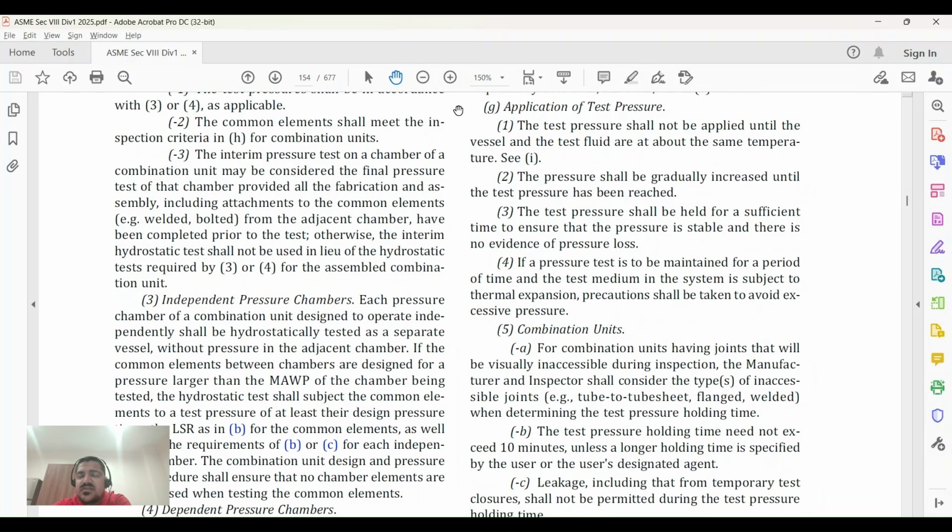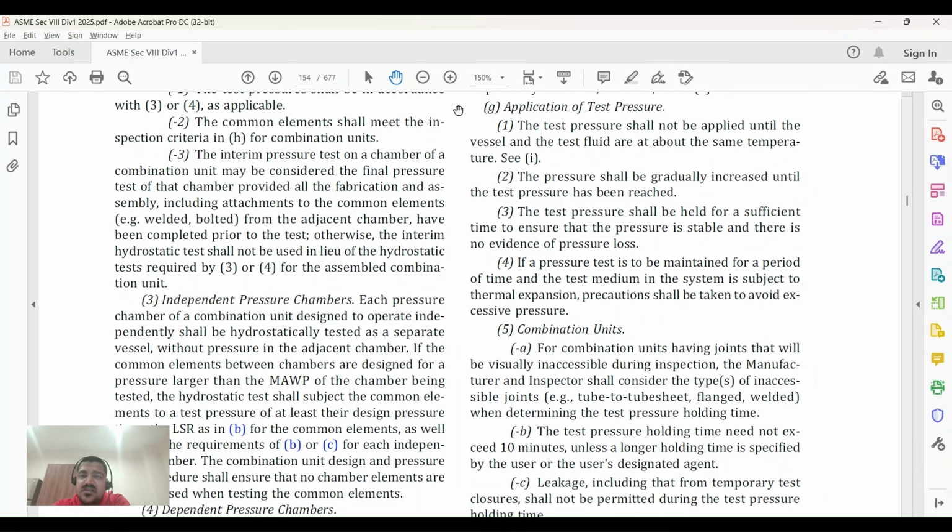Otherwise we may see deformation or damage. It can damage the pressure gauges as well sometimes. The focus is just to avoid deformation of the pressure vessel.